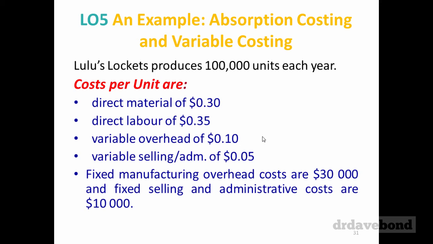So they produce 100,000 units per year. What we have is 30 cents in direct materials, 35 cents per unit in labor, variable overheads of 10, variable selling admin of 5, and then fixed manufacturing 30 and fixed selling 10.